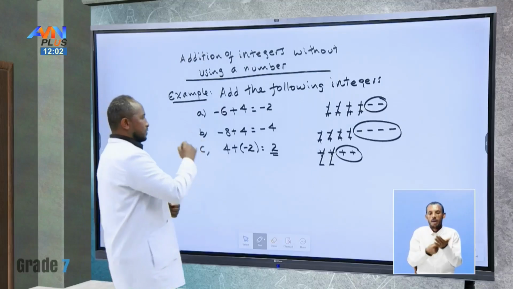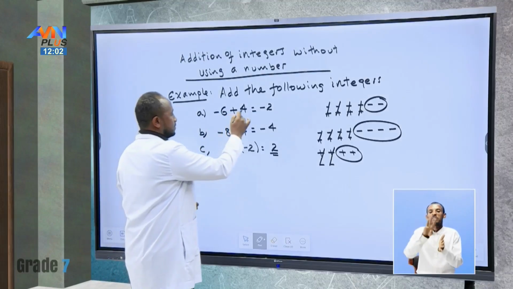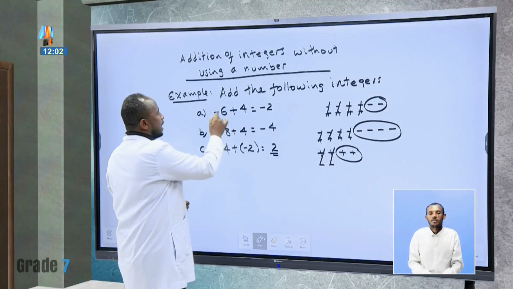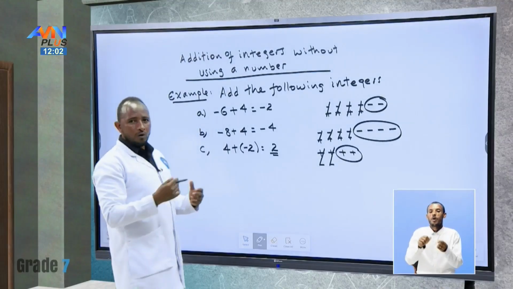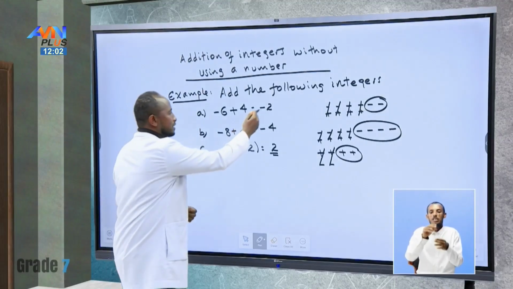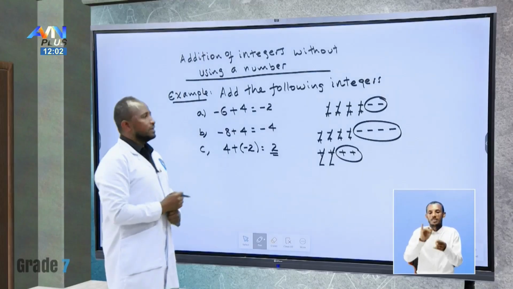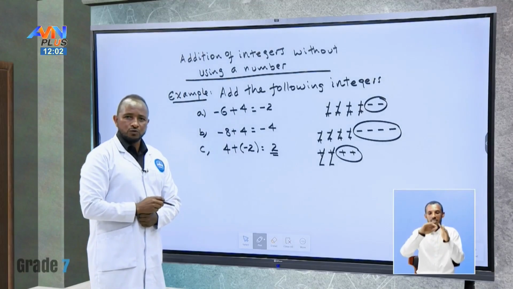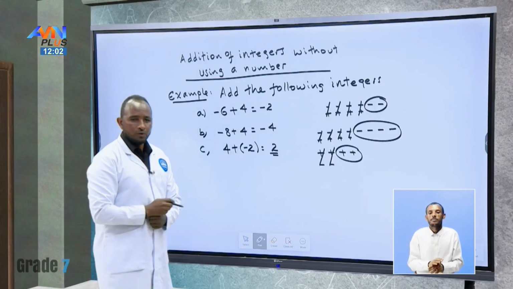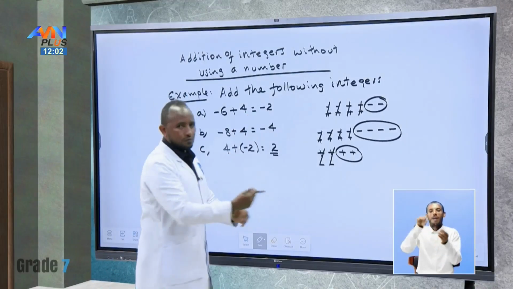Here, look, negative 6 and positive 4, we have more negatives. So when negative is more, the result will be negative, and then you subtract the numbers 6 and 4. The difference of 6 and 4 is 2. So you will have negative 2.